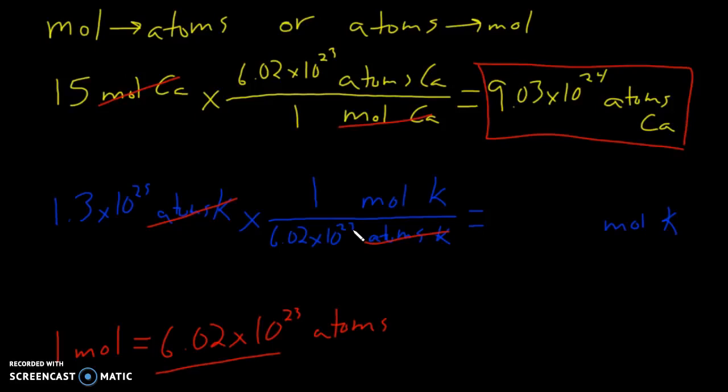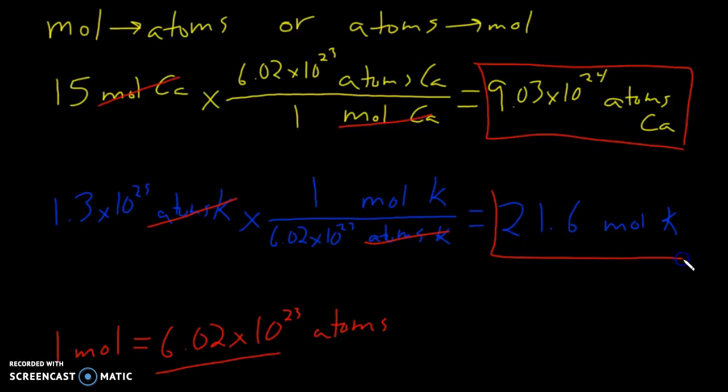And so now I got all my numbers filled in. So I can do 1.3 times 10 to the 25th atoms, and I can divide that by 6.02 times 10 to the 23rd. And I would find that this would be 21.6 moles. And that would be my answer.